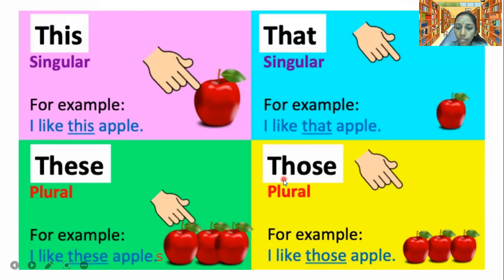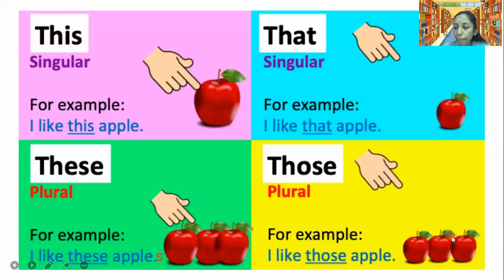But let's look at the word those. Those we use for things which are very far and you have more than one. So just now, the apples were near to the hand, but over here, the apples are far. So if the apples are far, we say those, because we have more than one.